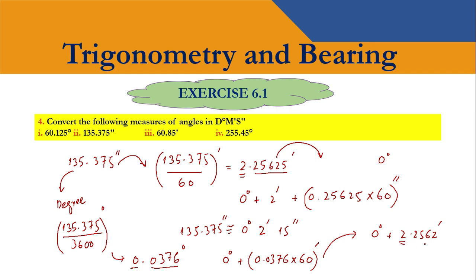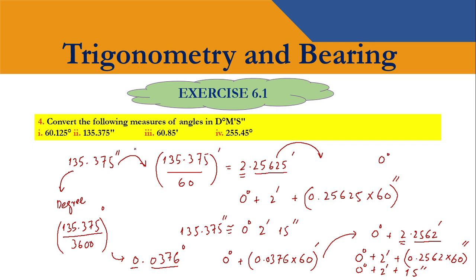Keep the integral part and multiply the decimal part by 60 to convert it further into seconds. So 0 degree plus 2 minutes plus 0.2562 multiplied by 60 to convert it into the seconds, and we will get our answer: 0 degree plus 2 minutes plus 15 seconds approximately.